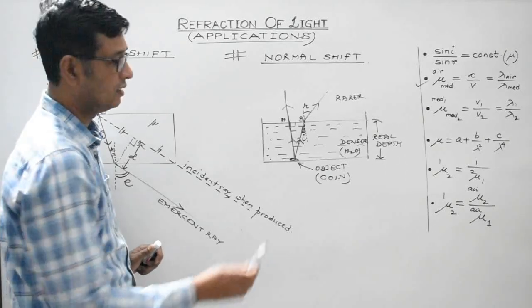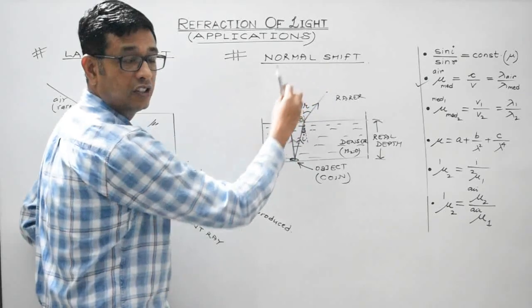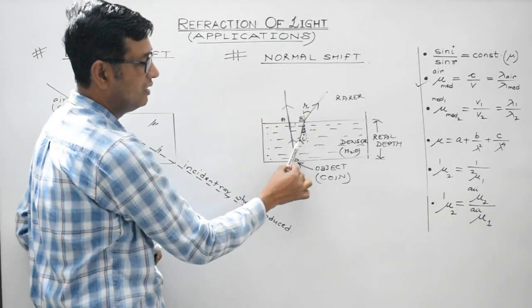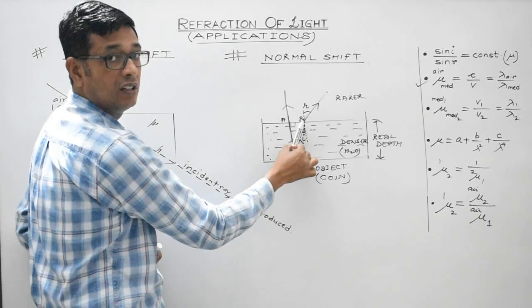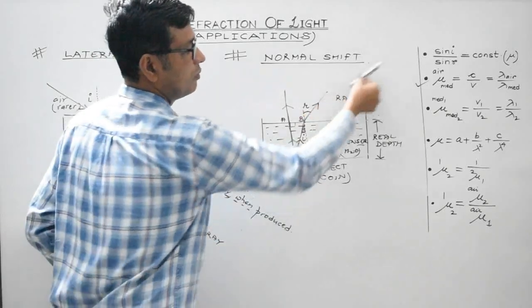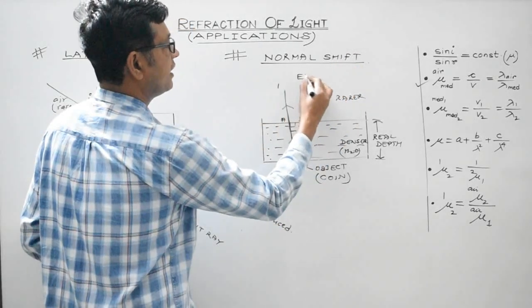Understood now? Again, this is the object. From the object, the rays get emitted. The normal ray will remain undeviated. But the ray which is incident at point B in an oblique direction, since it is traveling from denser to rarer, will bend away from the normal. So it will go like that. These two rays enter the retina of the eye.